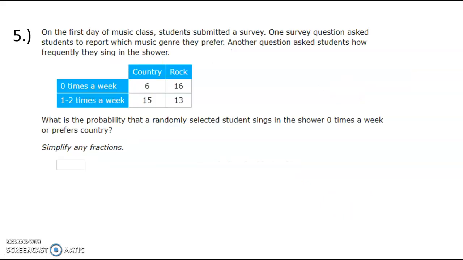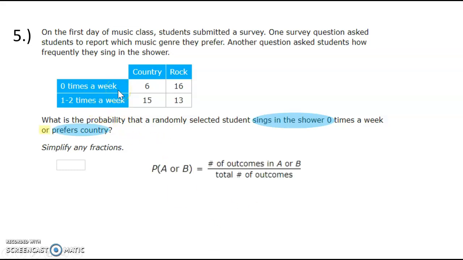Number 5. What is the probability that a randomly selected student sings in the shower 0 times per week or prefers country? We're going to work number 5 just as we worked number 4. Highlight our key words. It contains or. Therefore, we're going to look in the row that represents 0 times a week. We highlight that. That's 6 plus 16.